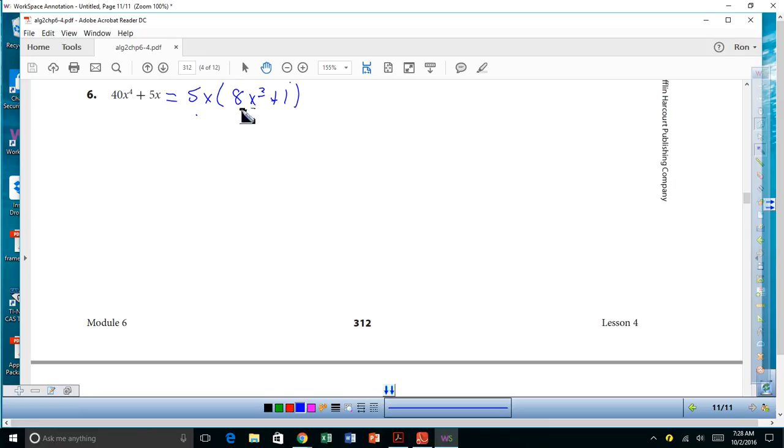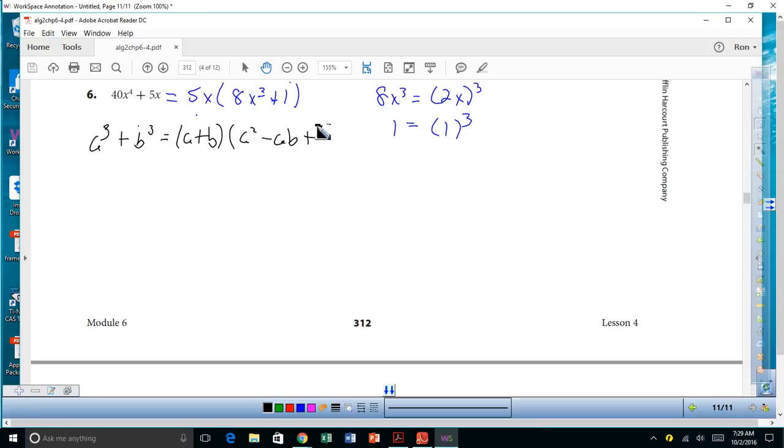Now, 8x cubed, isn't that 2x to the 3rd power? And then 1 can also be 1 to the 3rd power, because 1 times 1 is 1 times 1 is 1. So from up above, we have that formula a cubed plus b cubed equals a plus b times a squared minus ab plus b squared.